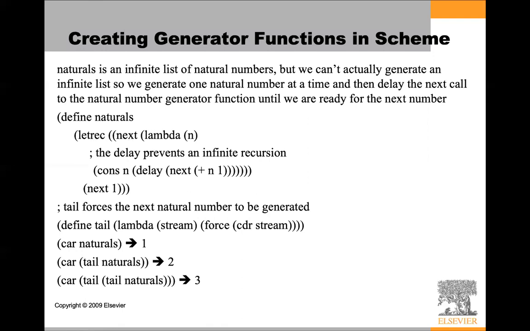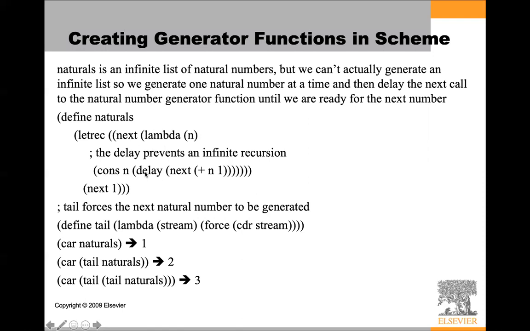And it's going to take n, and it's going to generate the next natural number. So what we're doing is we're consing n onto, or at the head of, the remainder of the list. So the remainder of the list is all natural numbers n plus 1 or greater, but we can't generate that because it's an infinite list.